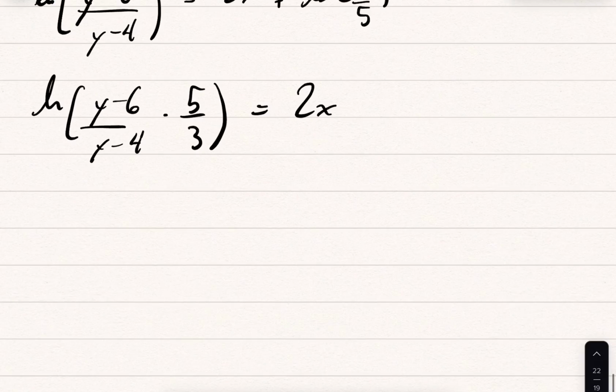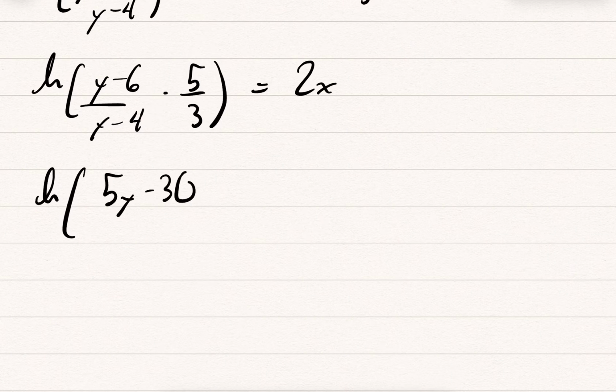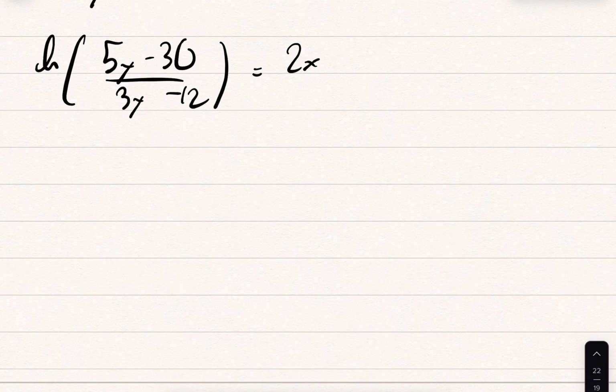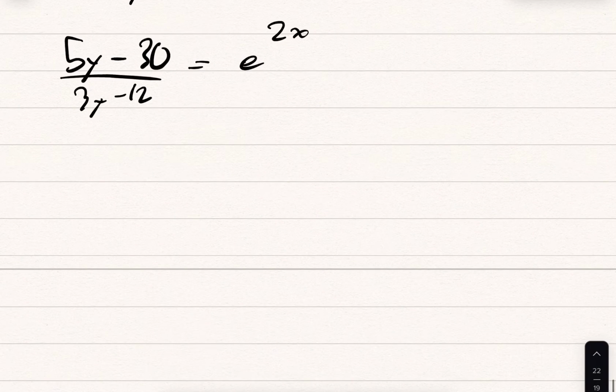Slow it down and go back if you need to. So, ln of (5y minus 30) over (3y minus 12) equals 2x. Bring all that up to e. (5y minus 30) over (3y minus 12) equals e to the 2x. Okay.